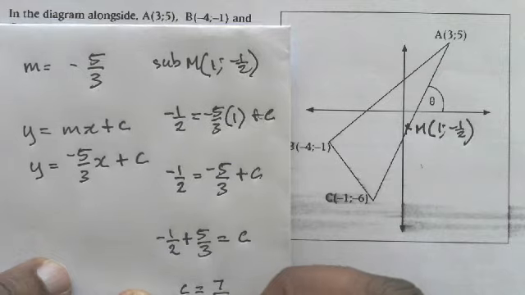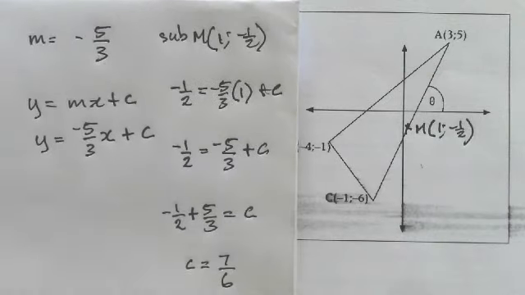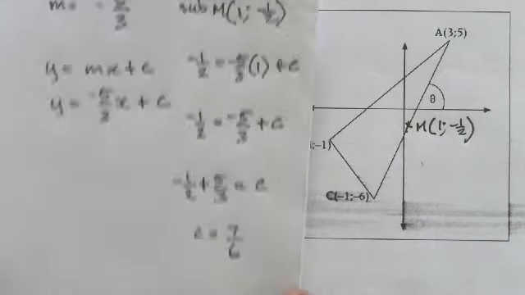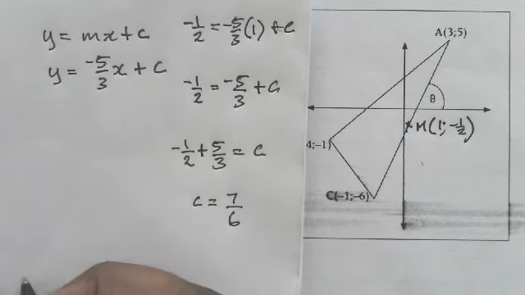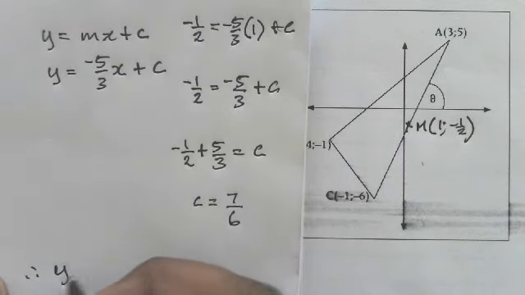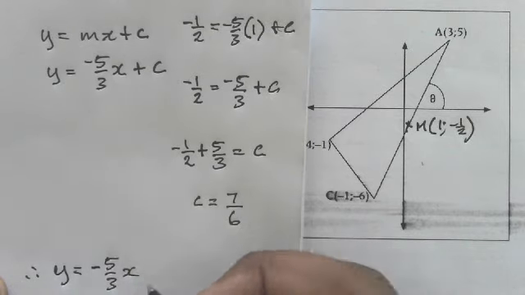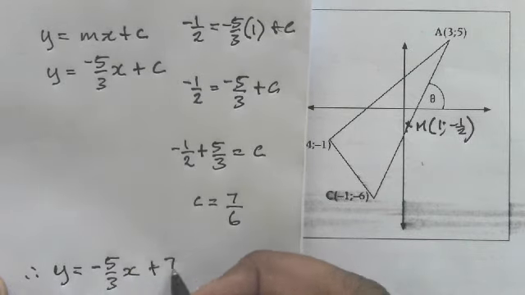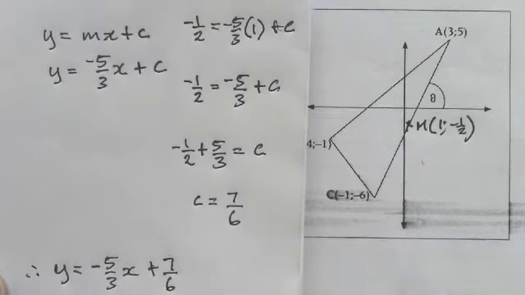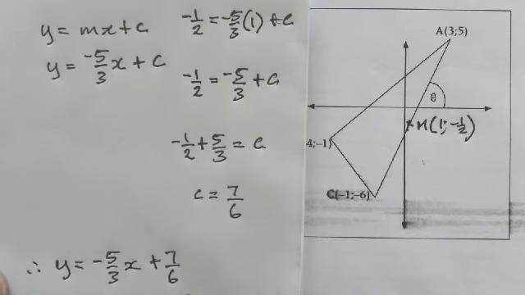Okay, so c is equal to 7 over 6. So our final equation, therefore, is y is equal to negative 5 over 3x plus 7 over 6. You can actually leave it like that. It's not an issue really.